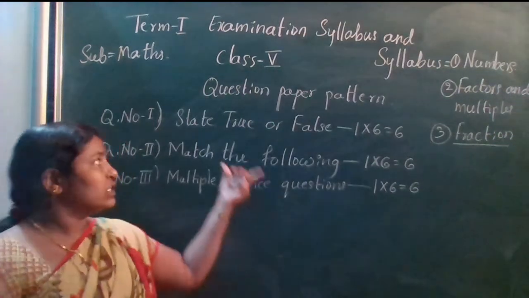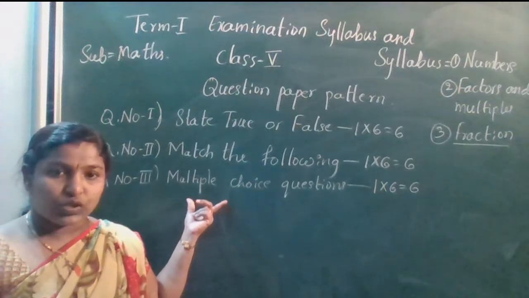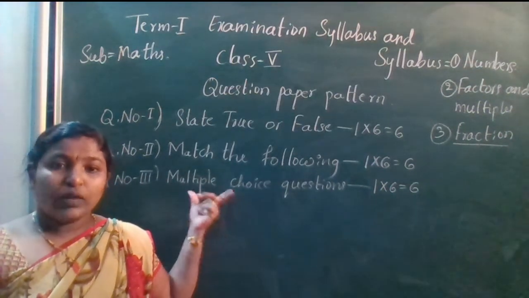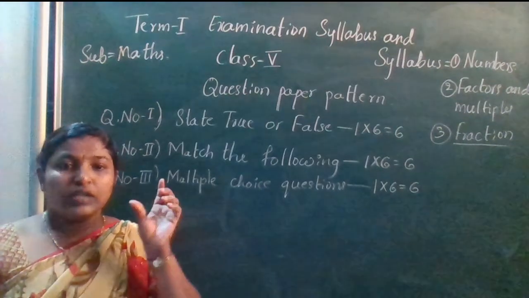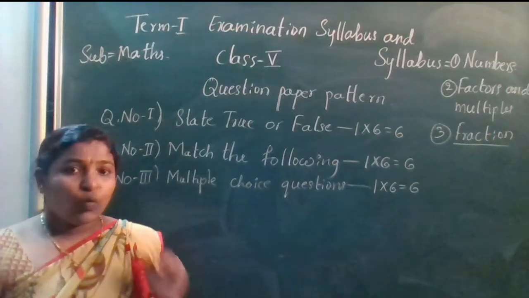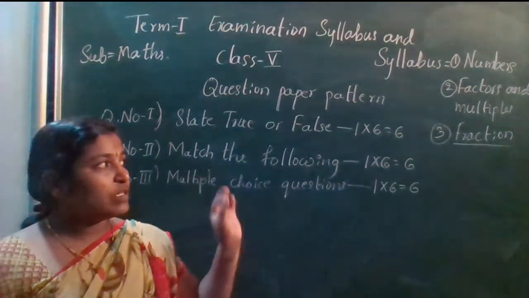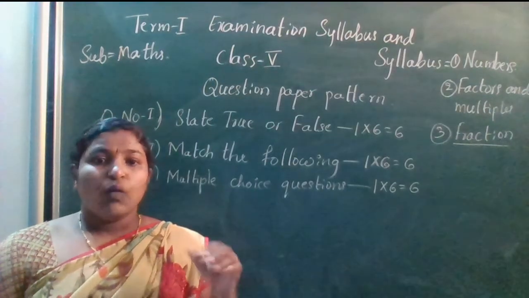In this case, state true or false, match the following and multiple choice questions are 1 mark questions. In this, you will get more questions related to the theory part of the lessons. What is the theory part of the lesson? Suppose factors and multiples, numbers and fraction. The theory part, like what are numbers?